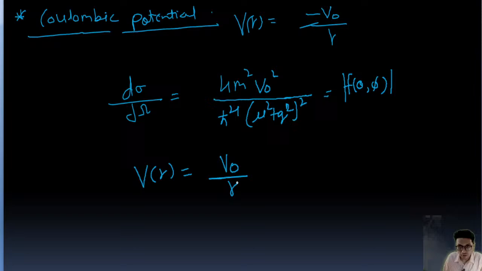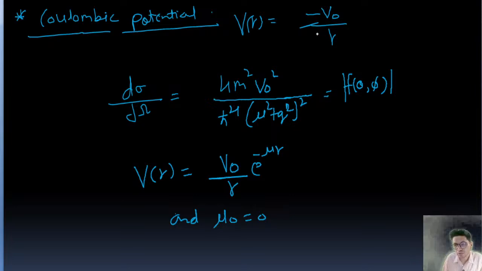V₀ upon r e to the power minus μr. Here μ is 0. If μ is 0, then this value is going to be 1, so this value is V₀ upon r. And if you square it, the minus sign is not going to change anything.